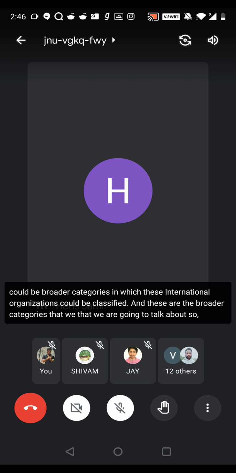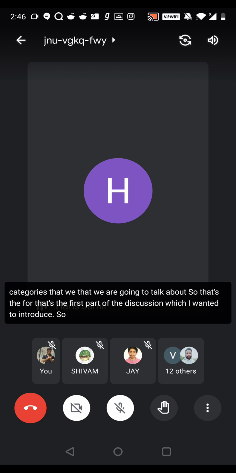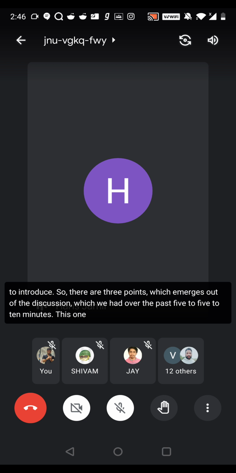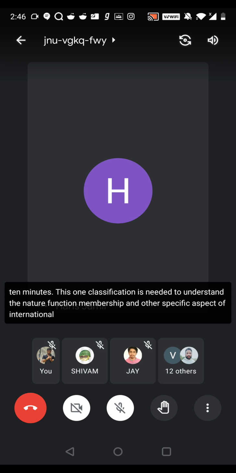So that's the first part of the discussion which I wanted to introduce. There are 3 points which emerge out of the discussion which we had over the past 5 to 10 minutes. This one: classification is needed to understand the nature, function, membership, and other specific aspects of an international organization clearly.